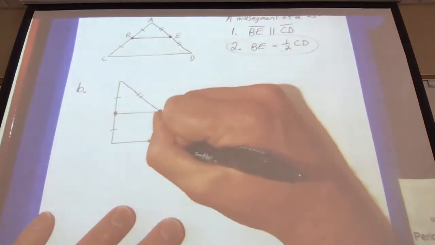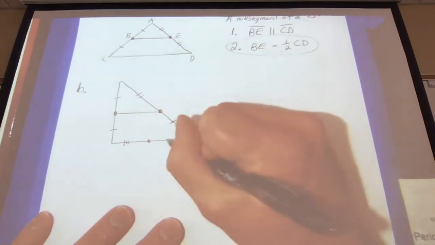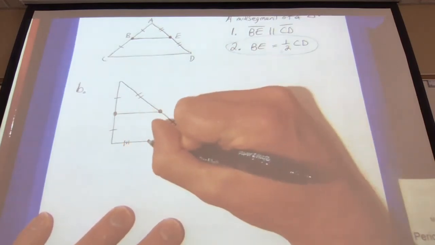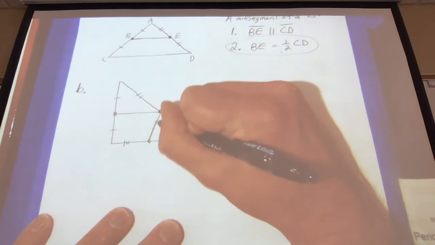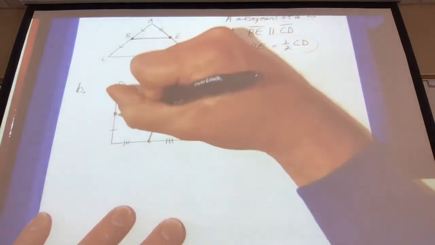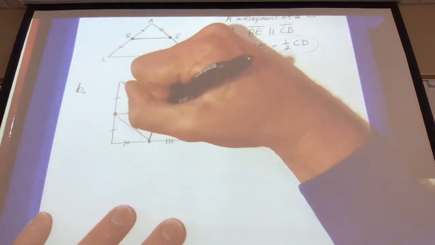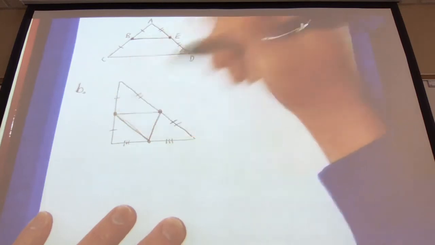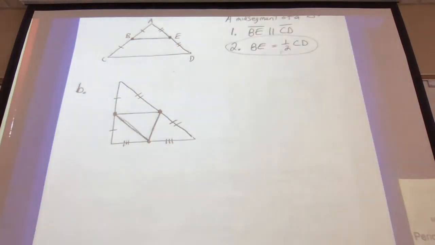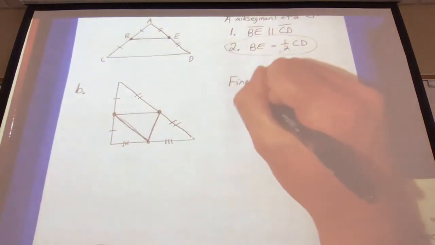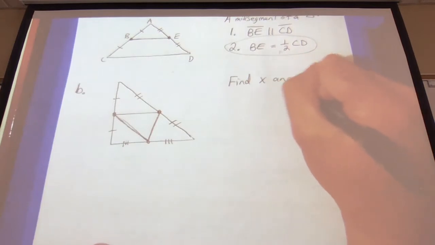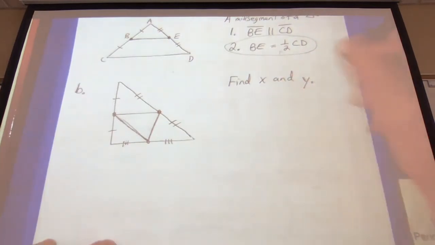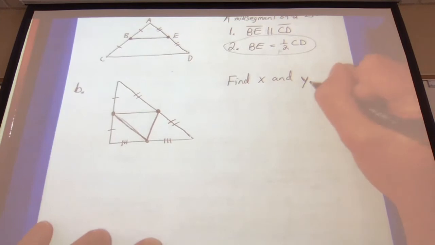And if I come down here and split this side in half, if I connect here, I've got another mid-segment. And if I connect here, we have another mid-segment. And this time they're going to make us find two things, X and Y.